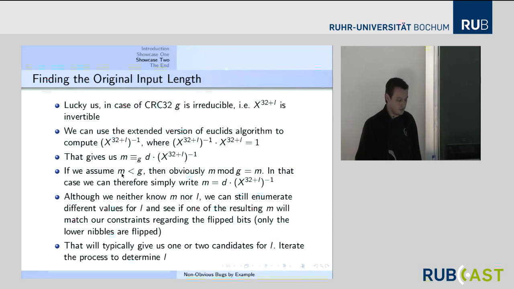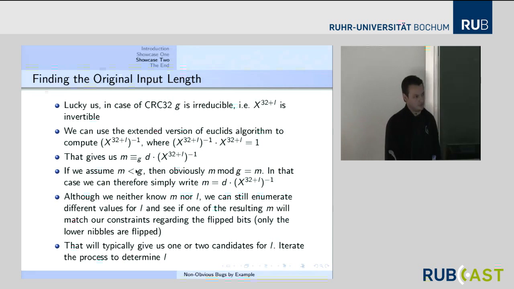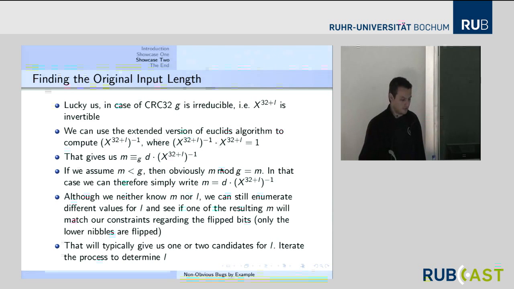And that basically means that our unknown message here is smaller than the generator polynomial. And if it's smaller than the generator polynomial, it's absolutely safe to just completely omit the modular reduction and just write this equation here. And that looks a bit more friendly.